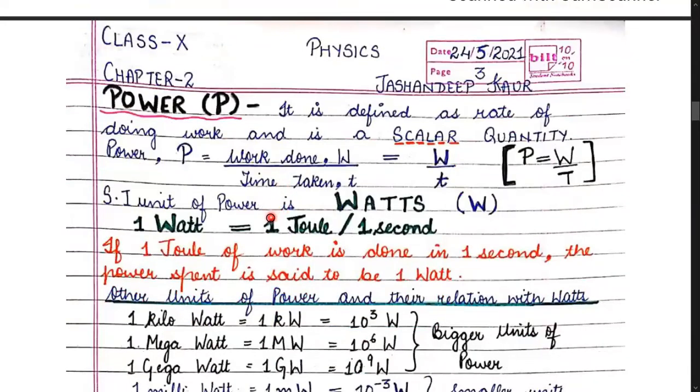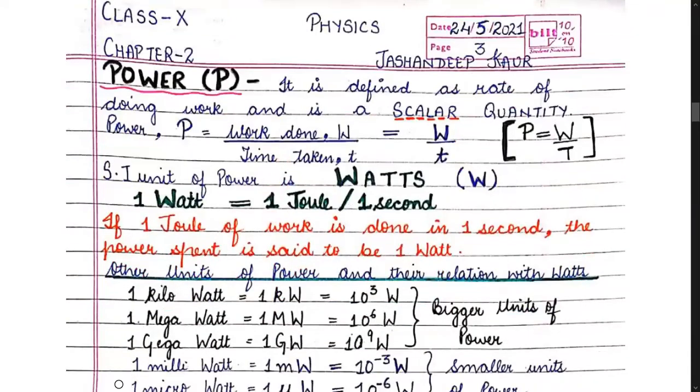Now let us start with the next topic, that is power. Children, power is defined as rate of doing work and it is a scalar quantity. This whole chapter, work, power, energy, all three things are scalar. Work is scalar, power is also scalar, and we'll study that energy is also scalar.